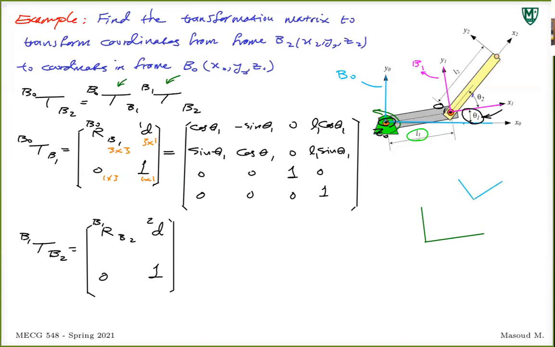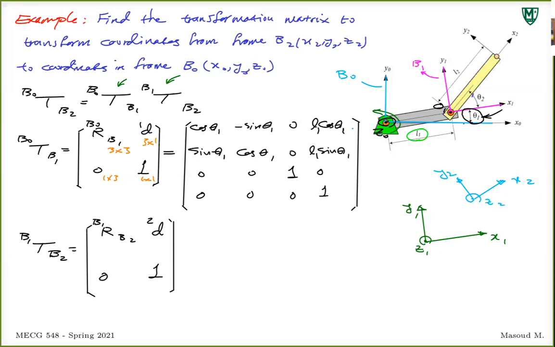This would be your X1, Y1, and coming out of the screen as Z1. And this would be your X2, Y2, coming out of the screen Z2.